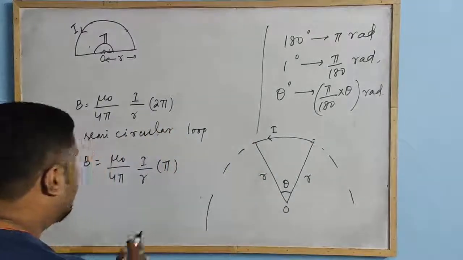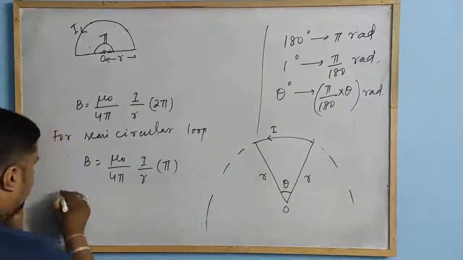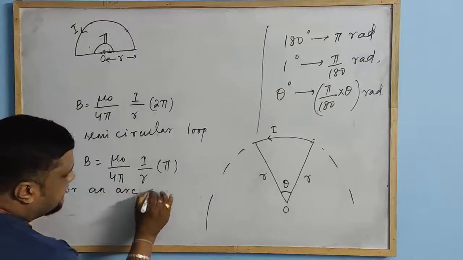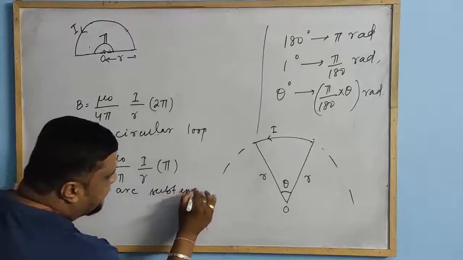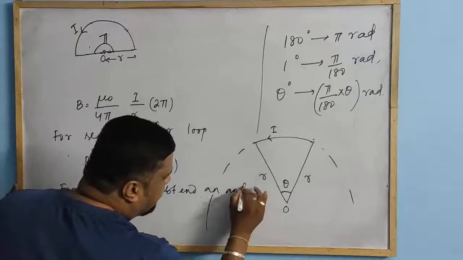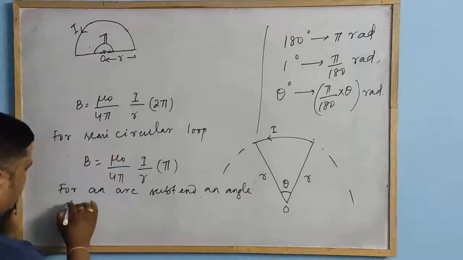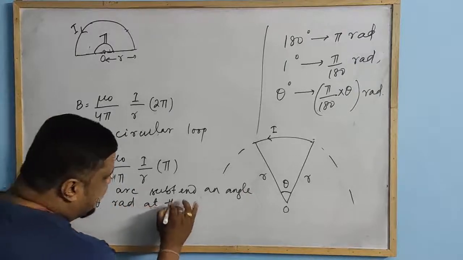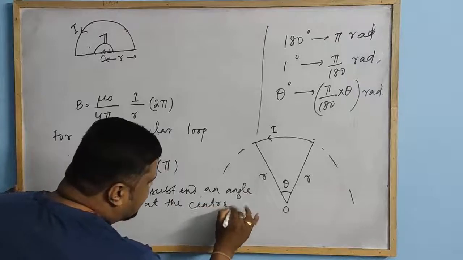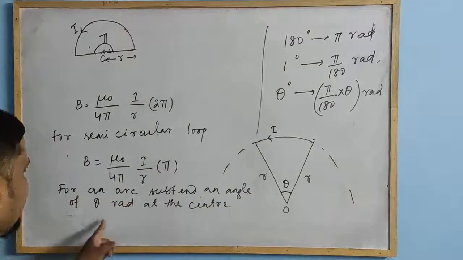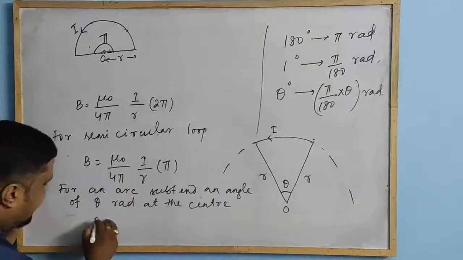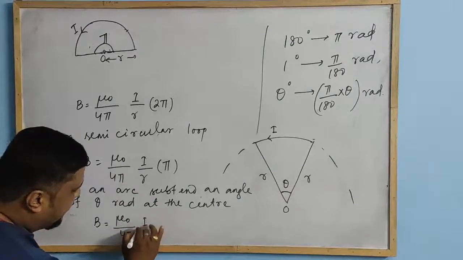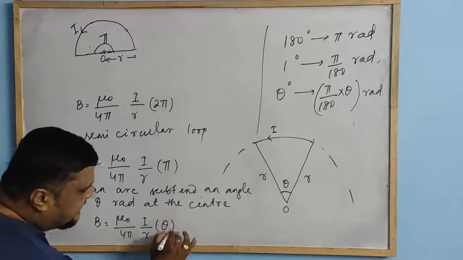For an arc subtending an angle of theta radian at the center, B is equal to mu naught by 4 pi I by R into theta.